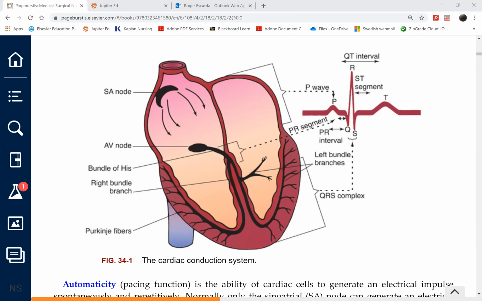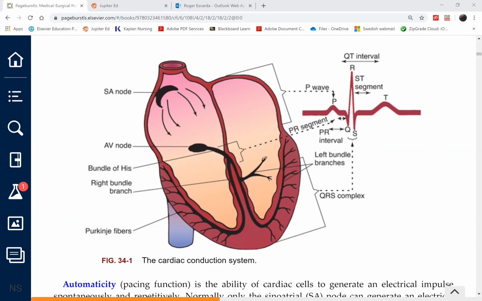Your textbook will say that the intrinsic rate of the SA node, meaning if the signal is coming from the SA node, it can fire 60 to 100 times per minute. You will know that the heartbeat or the electrical impulse is generated by the SA node if you see a P wave.